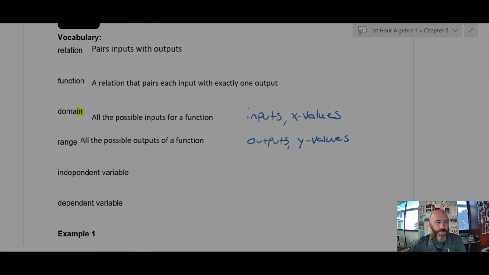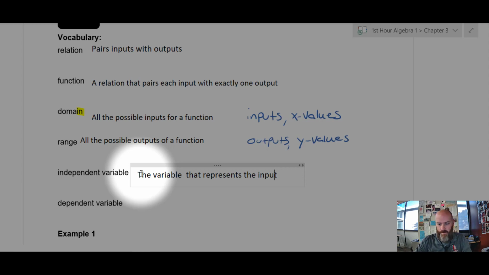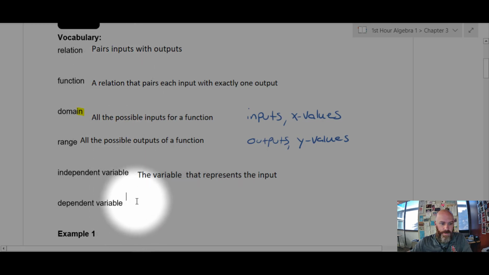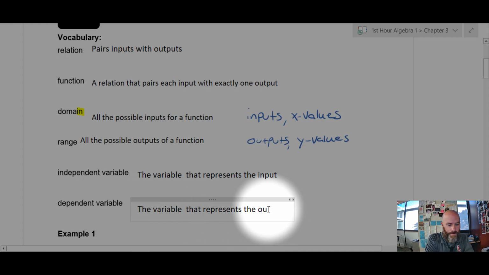Now let's get to independent and dependent variable. Independent variable. It's the variable that represents the input. Which means the dependent variable is the variable that represents the output.